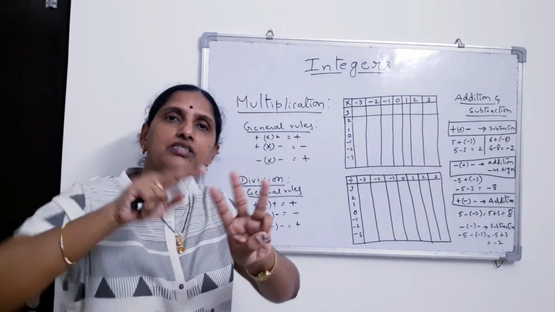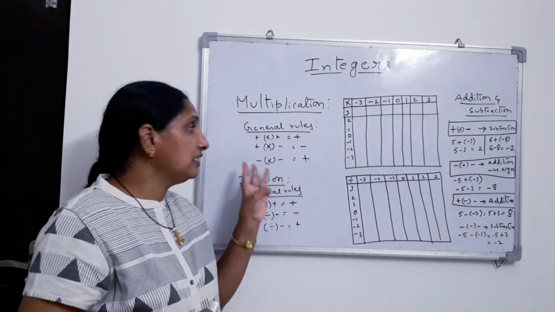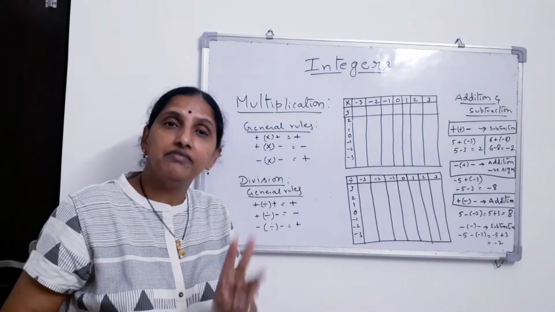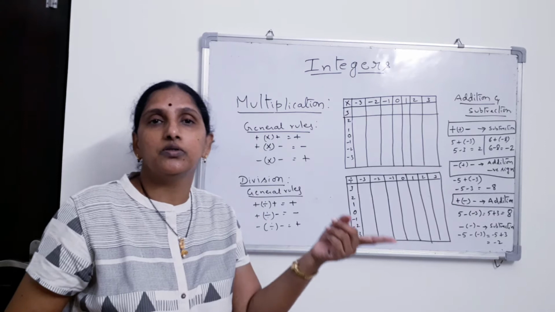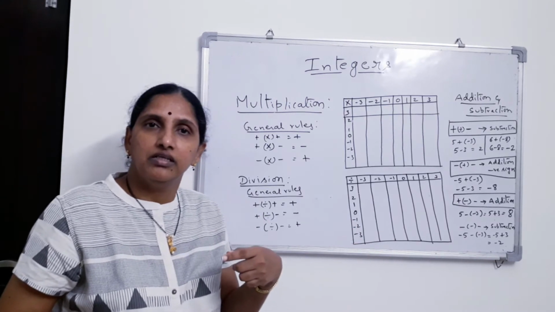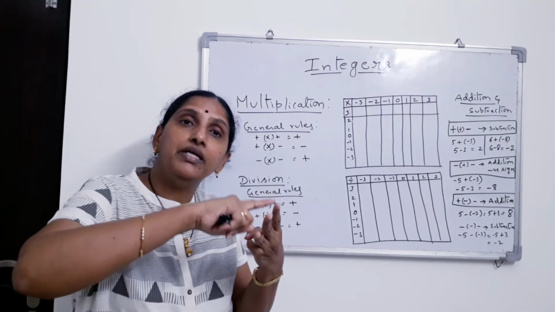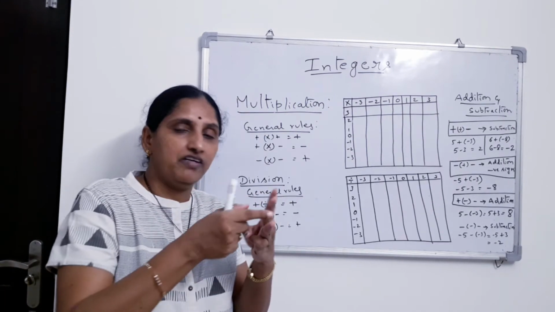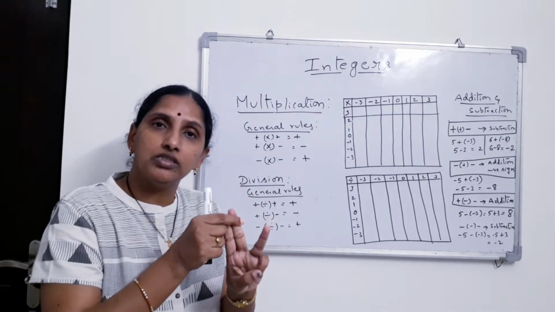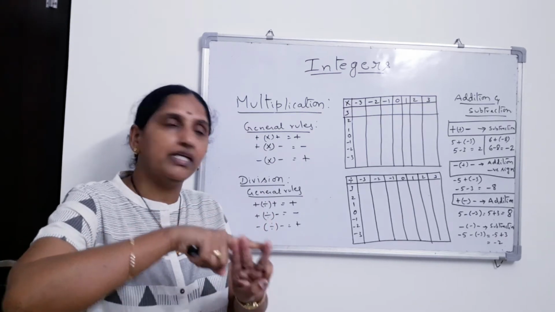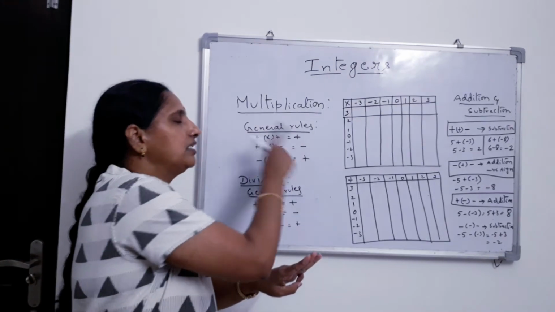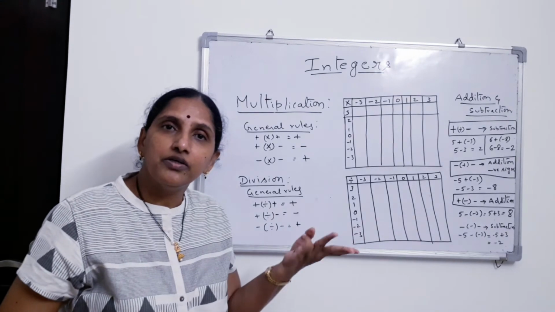So plus into plus, you are going to get plus. So when three numbers are multiplied with two negatives, the result is going to be positive. When all three are negative integers, the first two negative integers will become positive. Positive multiplied by negative, so plus into minus is equal to minus.